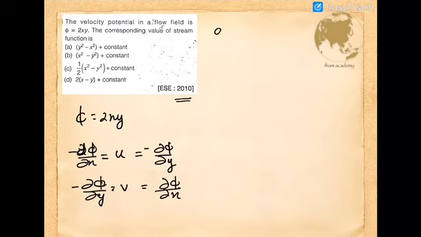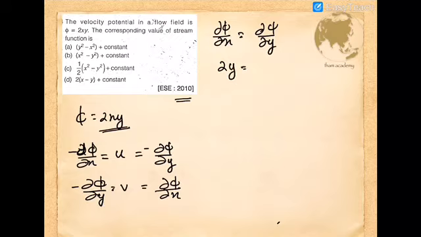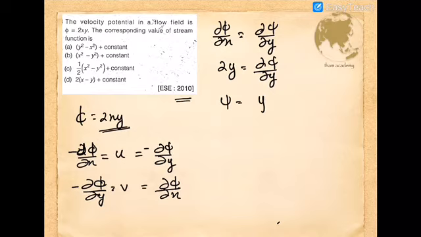So we can come to a conclusion that the potential function derivative ∂φ/∂x is equal to ∂ψ/∂y first. Here the phi function is given, therefore take the derivative, you will get 2y is equal to ∂ψ/∂y. So go for integration, we will get the expression y square plus a function of the corresponding x value. That's a possible case.